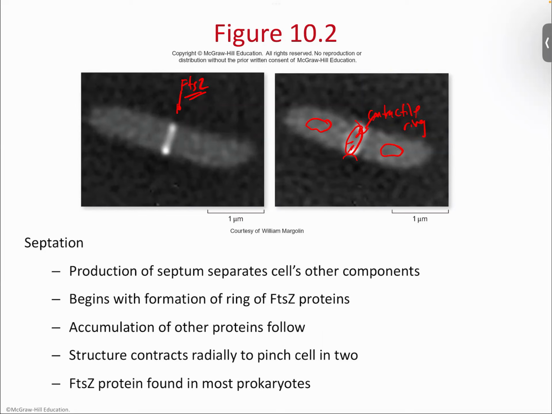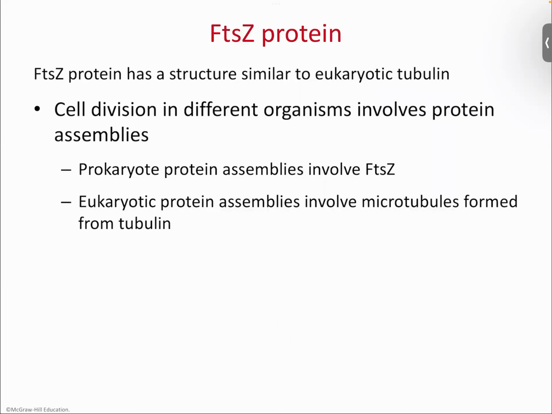As it turns out, this FtsZ is something we see in most prokaryotes. So this seems to be a prokaryotic thing. However, what about eukaryotes? FtsZ is not in eukaryotes. So how do they do this?